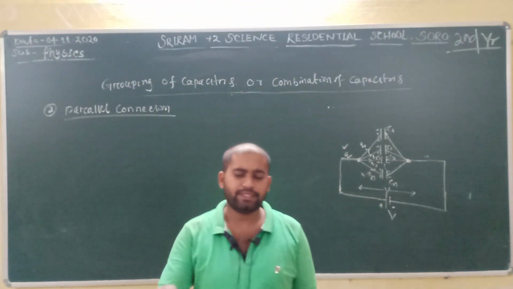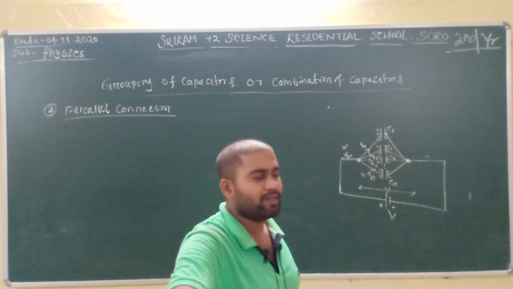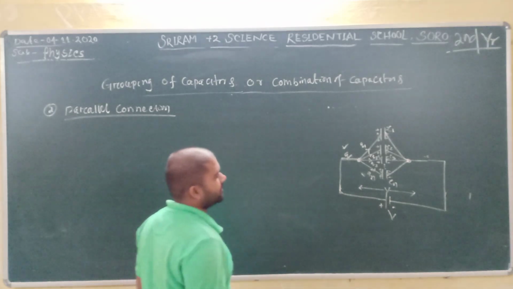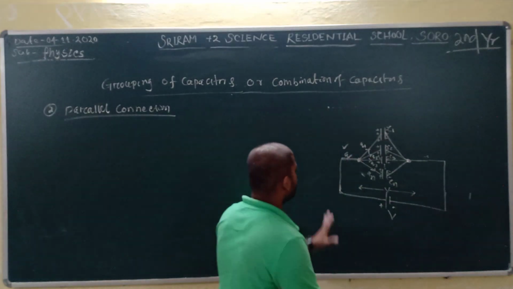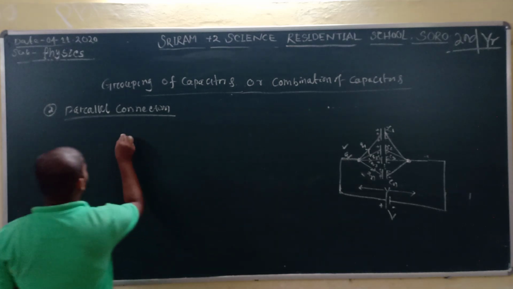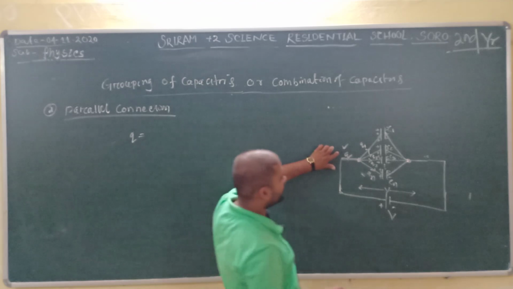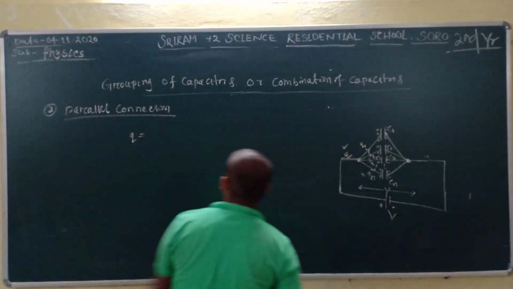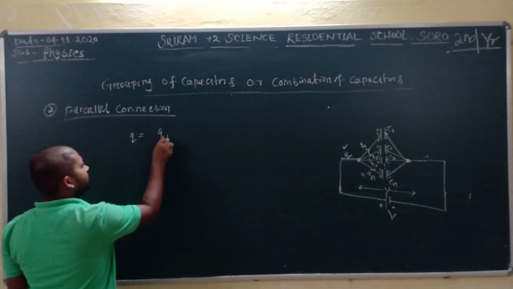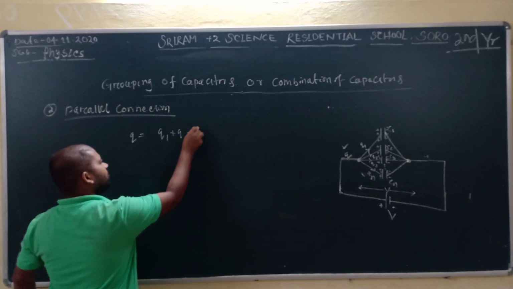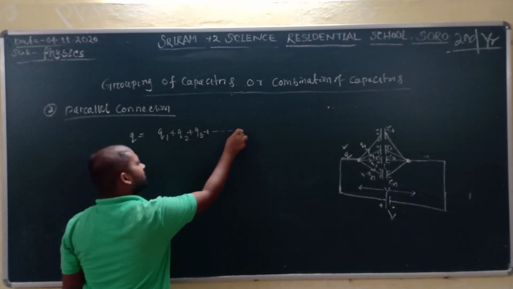When we measure the total capacitance for the parallel combination, we can start from the total charge. The total charge Q is the algebraic sum of all charges, that is Q equals Q1 plus Q2 plus Q3 plus dot dot Qn.